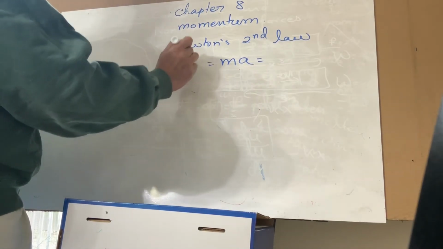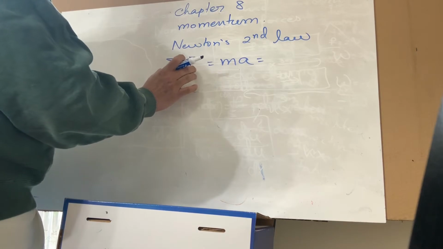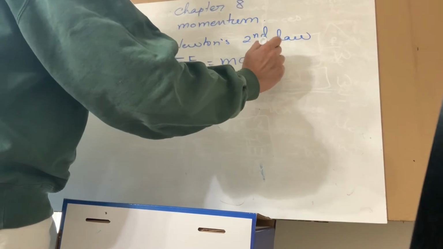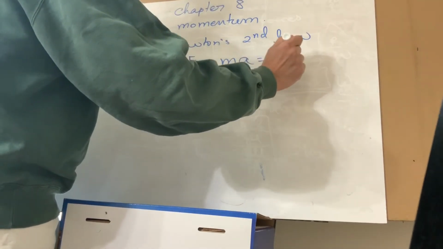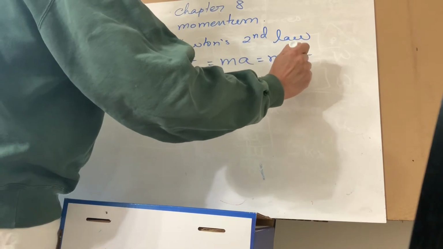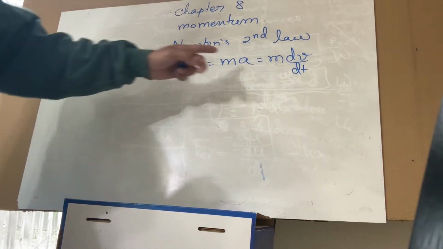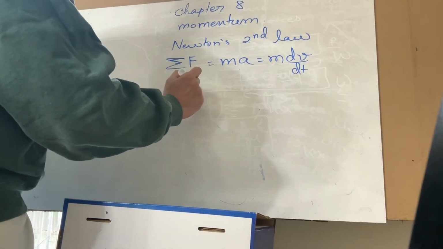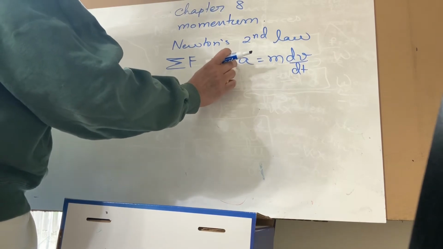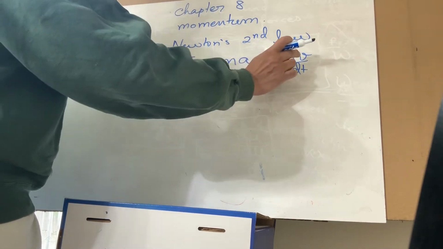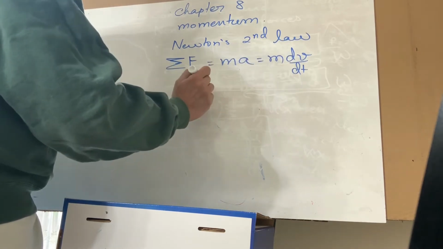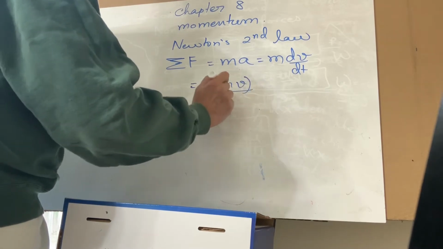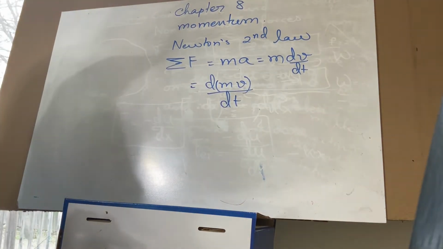And remember, it's a vector sum, not regular addition, it's vector addition. So this is equal to m, and what is the acceleration? We know that it is dv by dt, change in velocity over change in time. That's the acceleration, right? I can rewrite this, because mass is a constant, as d(mv) over dt, okay, because mass is a constant.